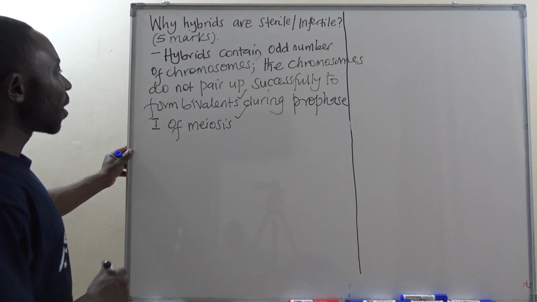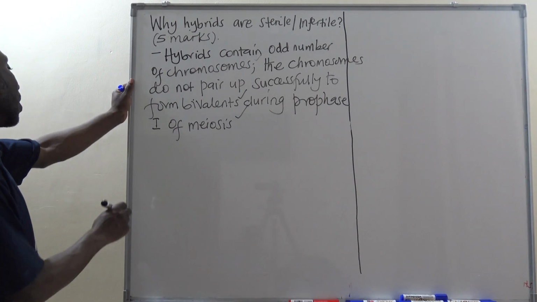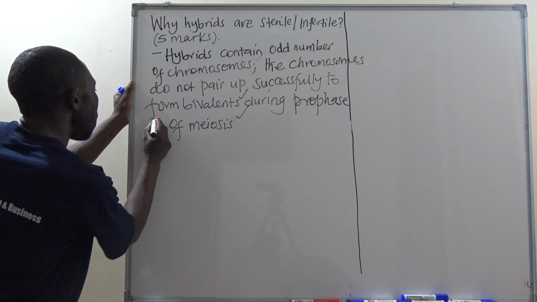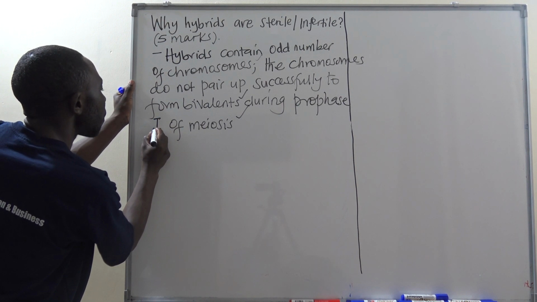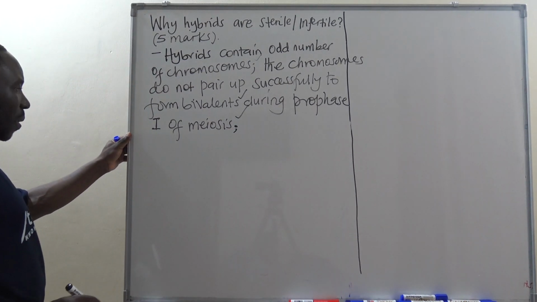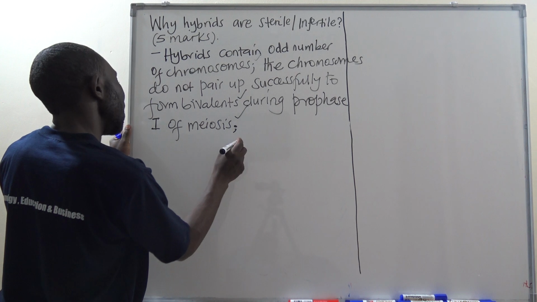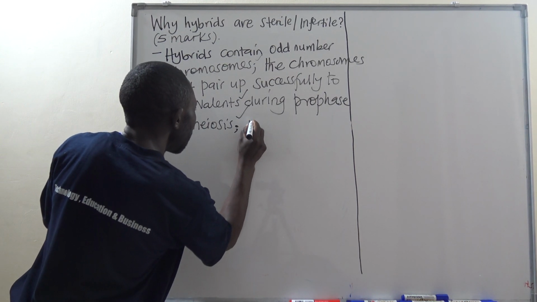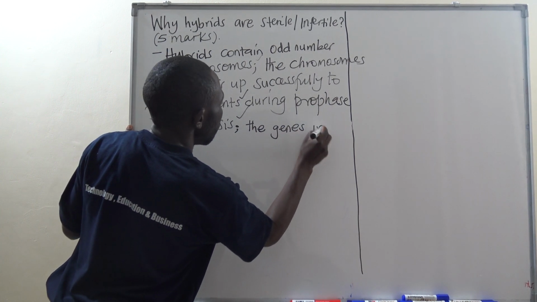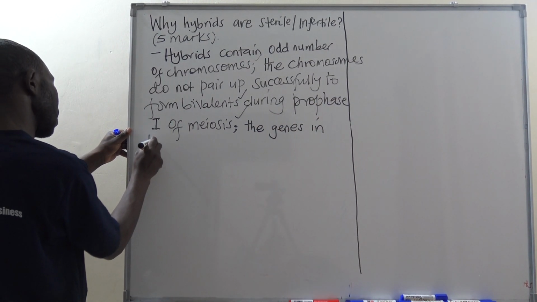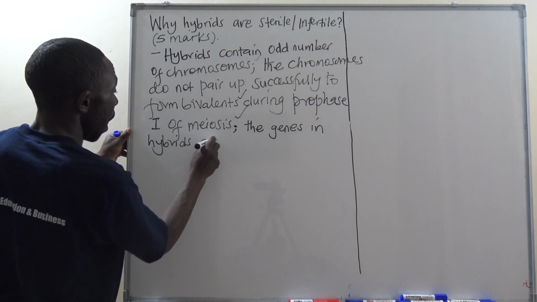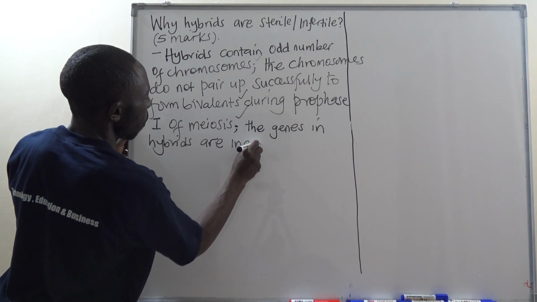Then the other thing is that in most cases, the genes they contain are incompatible genes. So we say that the genes in hybrids are incompatible.